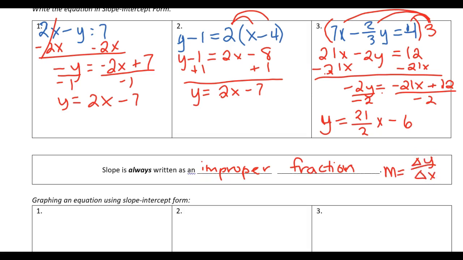So if you were to write 21 over 2 as 10.5, that writes it as a unit rate, but that doesn't really tell us a good point about movement, and this one would be up 21 over 2. So we really need to know that improper fraction of just one single number, change in y, over the single number for change in x.